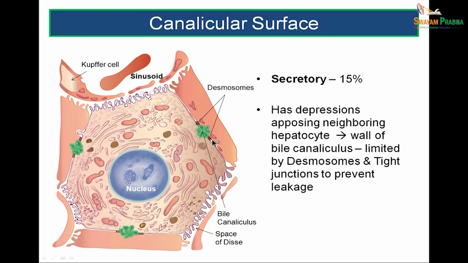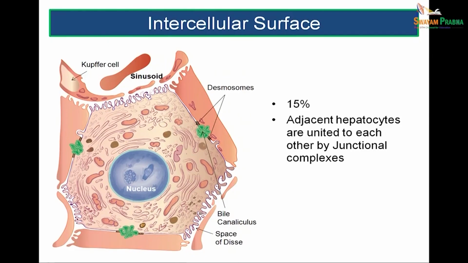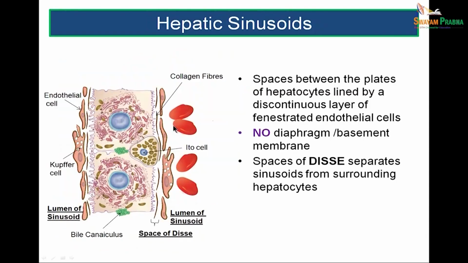These desmosomes and tight junctions maintain watertight closure and do not allow any leakage of the bile secreted into the biliary canaliculus to get out of the biliary canaliculus. Then we have the intercellular surface. This intercellular surface is between two adjacent hepatocytes, makes up 15% of the surface area, and the cells are united together by junctional complexes.